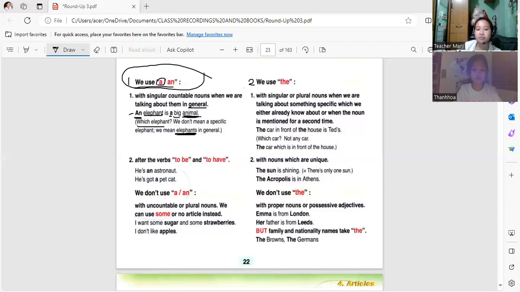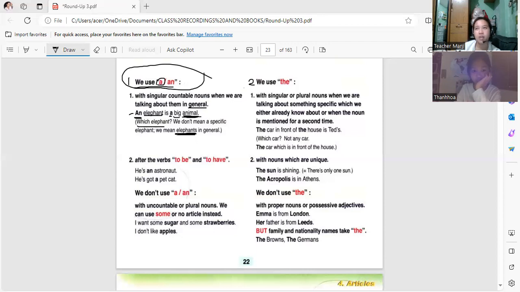Now I will give you the freedom to write your own sentence about singular countable nouns that are general. Think of something that is part of a general word.